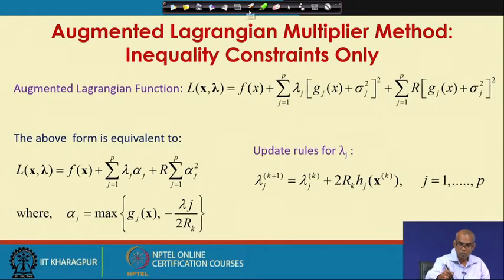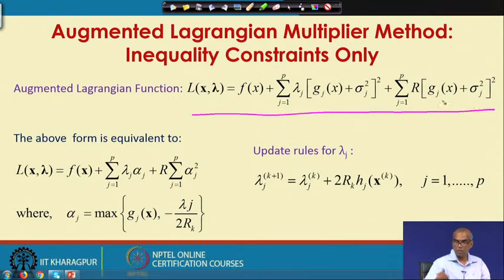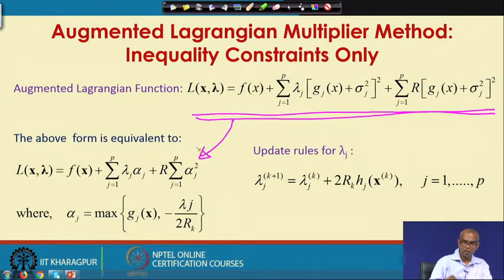Now, this form for the augmented Lagrangian function is basically equivalent to a simpler looking form as shown, where we are defining a new term alpha which has the definition as shown.